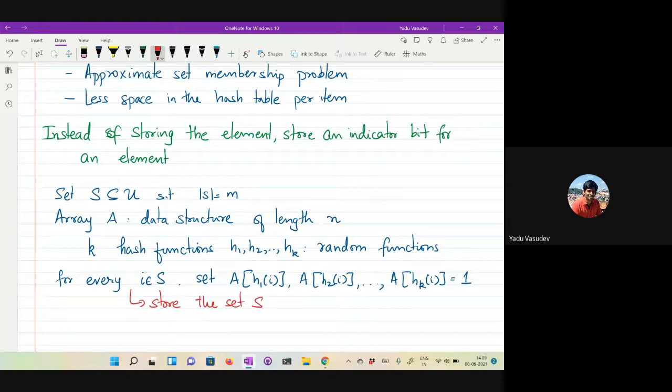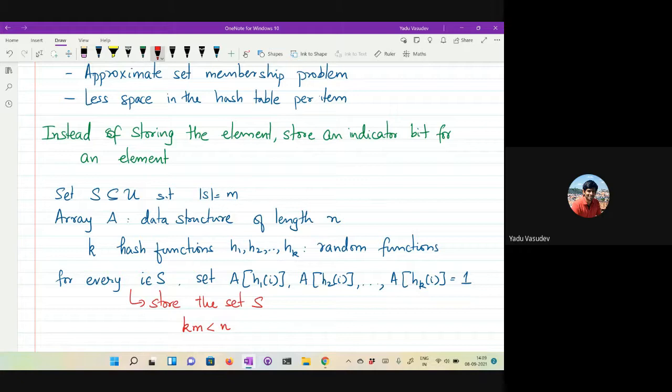Right, so this is your data structure. You want to check membership in S. So S is stored in an n-length array using k hash functions. One thing you can notice here is that k times m is less than n. M is the size of the set S, K is the number of hash functions. We'll assume that n is greater than km, so it's a large enough array so that you can store everything.